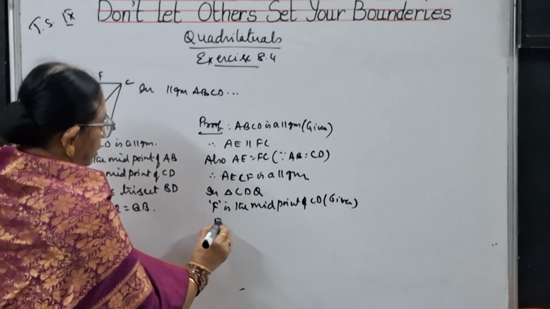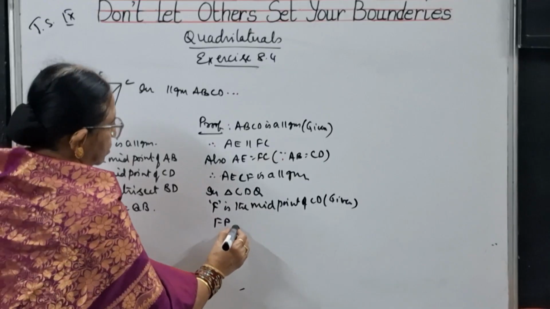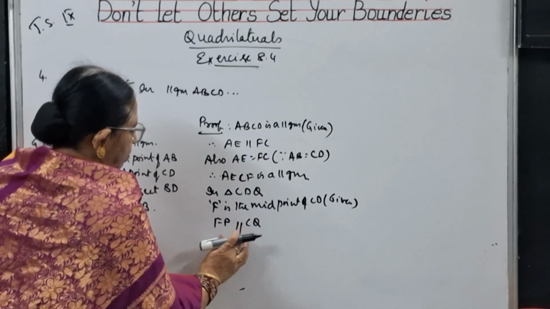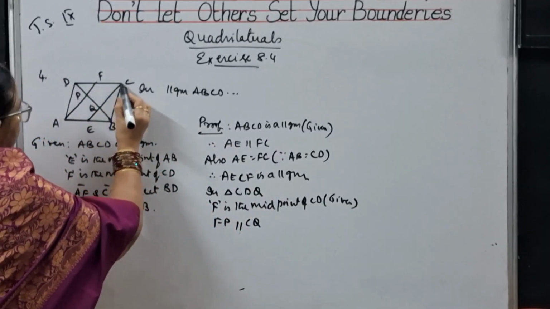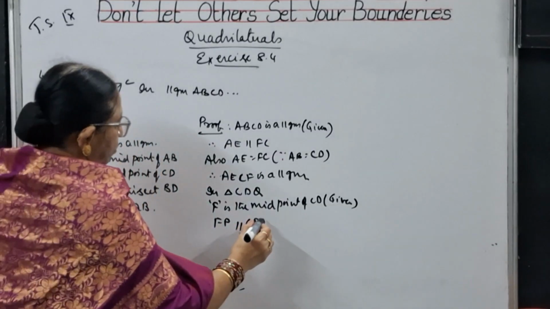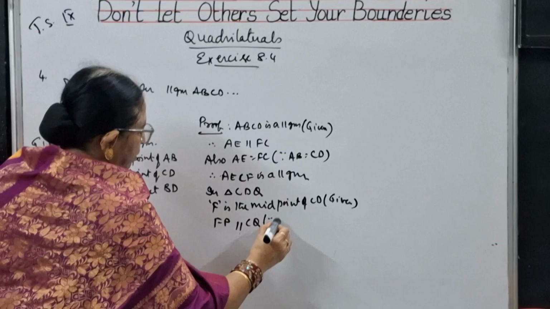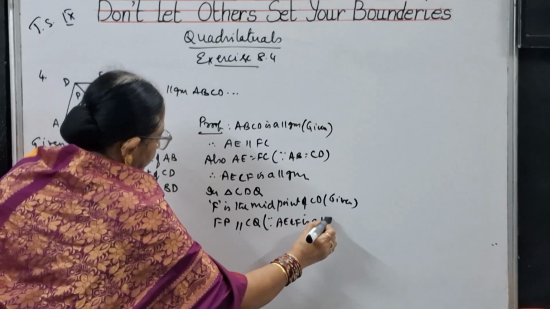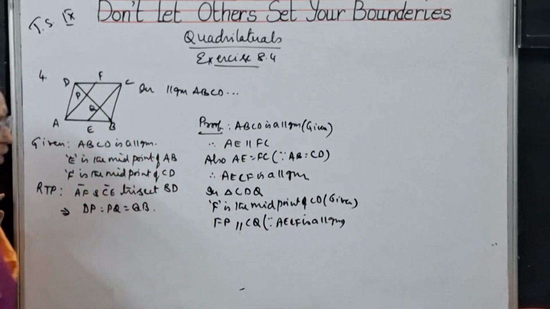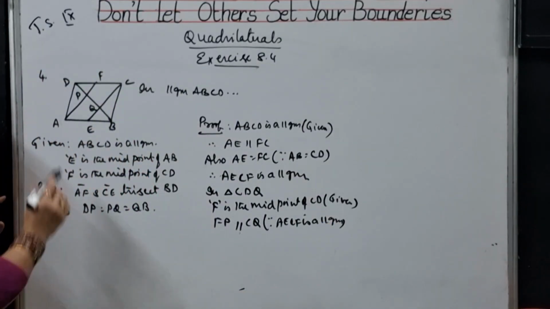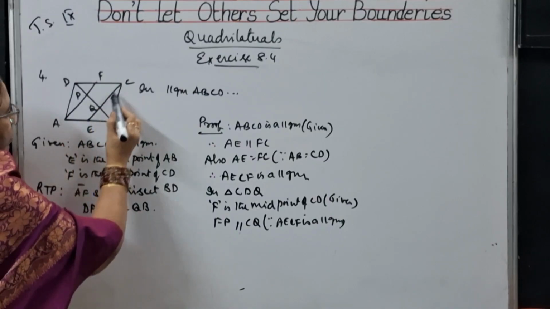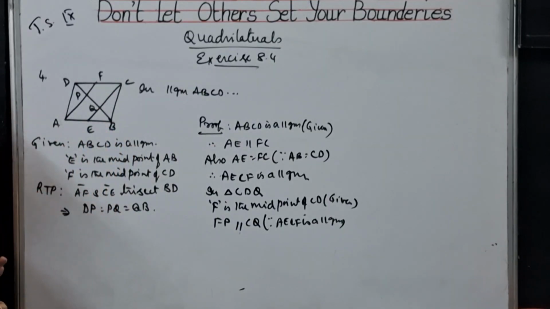And FP is parallel to CQ. Why is it? Because AECF is a parallelogram. FP is a part of AF, CQ is a part of EC. So, FP is parallel to CQ.